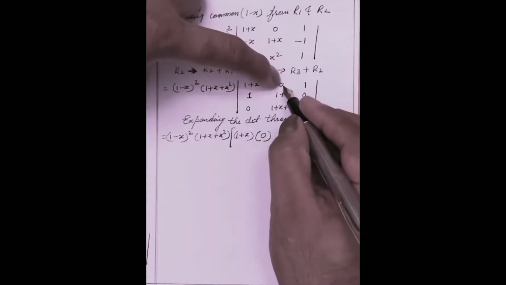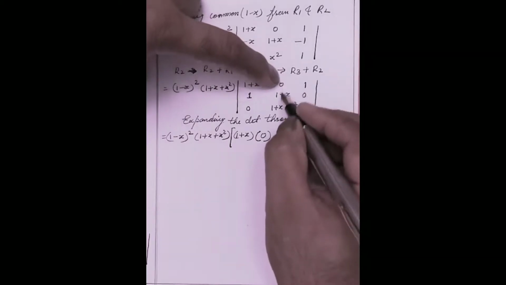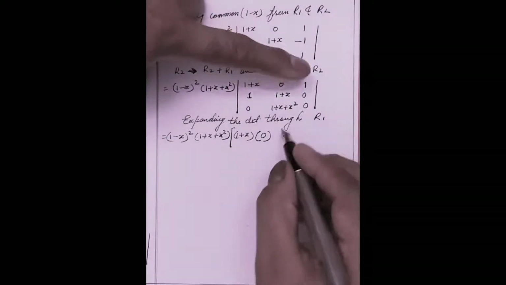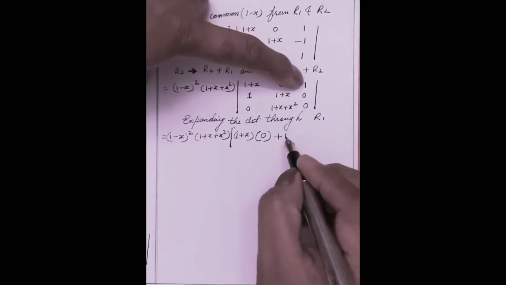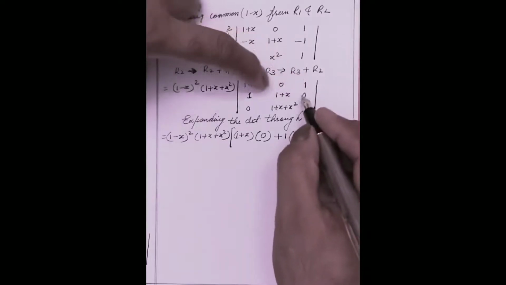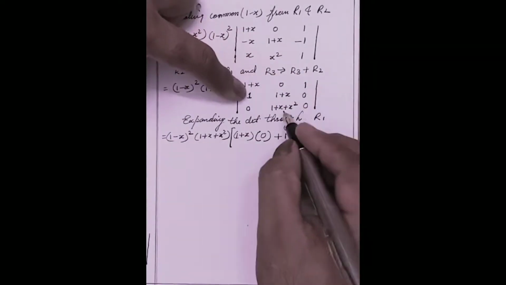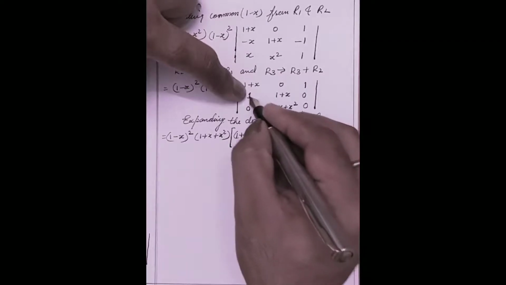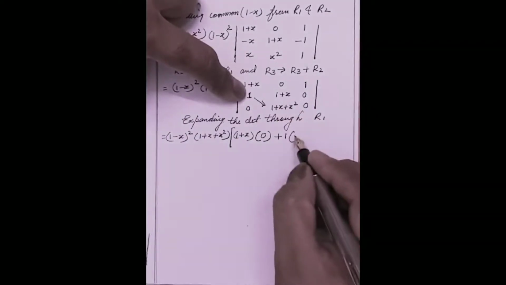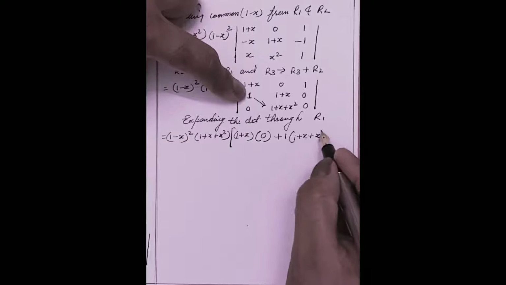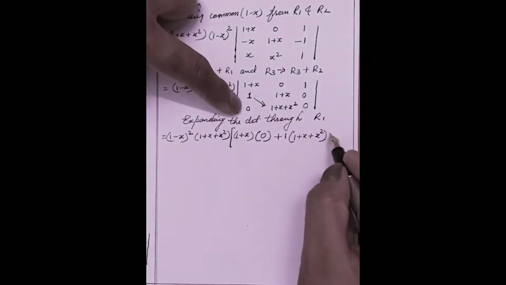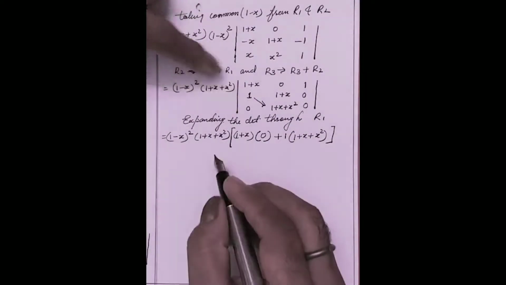Second element is 0, so there is no use of writing it because 0 into anything will become 0. And the last one is plus 1 into, so leaving these two vertically, we will have 1 plus x square into 1. So 1 plus x square and minus 0, so I am not going to write that.